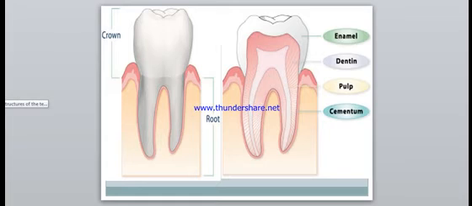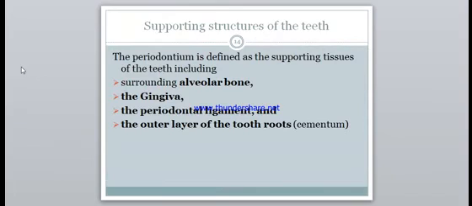Okay, this is the previous picture. The supporting structures of teeth, the periodontium, are defined as the supporting tissues of the teeth, including the surrounding alveolar bone, maxillary or mandibular, the gingiva, the periodontal ligament, and the outer layer of the tooth roots, that is the cementum.